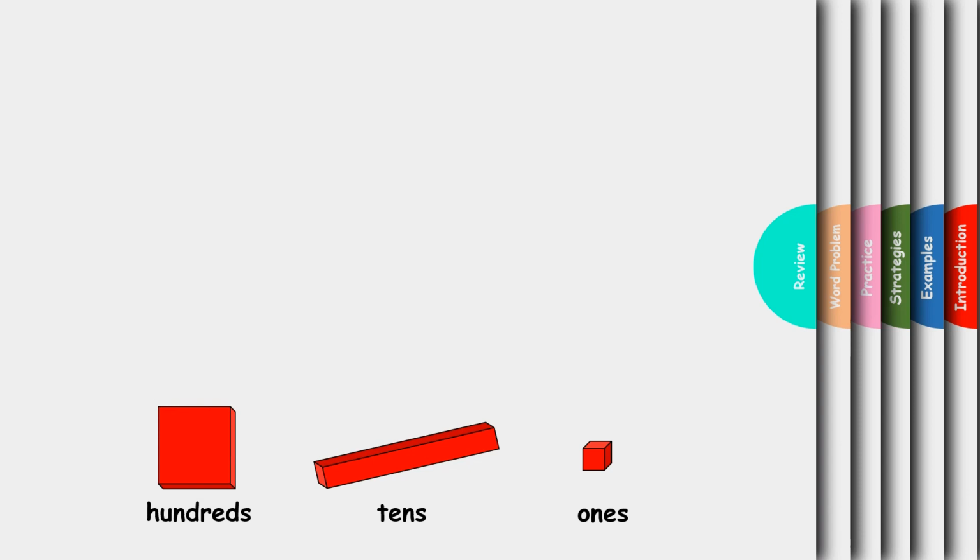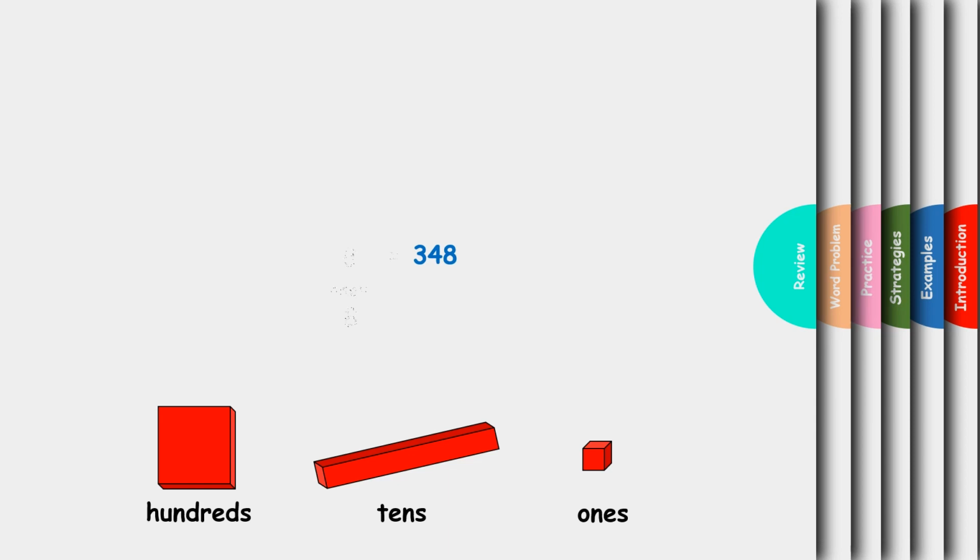Just a quick review. We used a unit to represent the value of 1, a rod to represent the value of 10, and a flat to represent the value of 100. And then we discussed that when adding numbers, we need to know the value of each digit. So for example, 348.